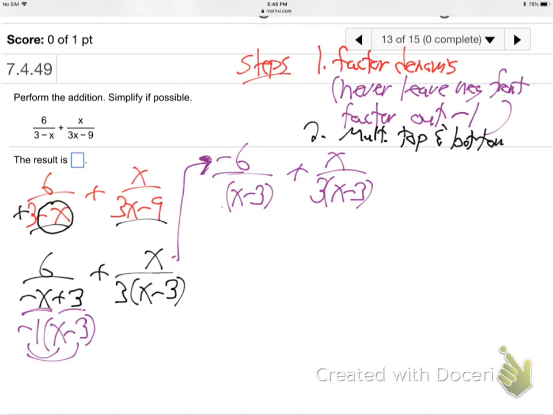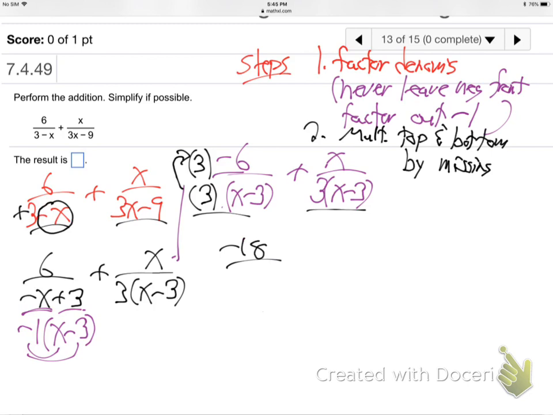top and bottom by whatever is missing. So that's where I've got to come to, let me get this kind of out of the way a little bit, this guy, and I've got to say, oh, he's missing the 3. Now these two denominators have the same stuff, so this is what?